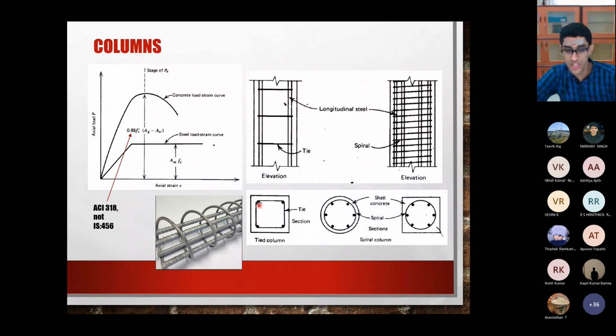We have a longitudinal vertical standing reinforcement bar at the corners, and at every certain height, you are giving some ties. What do you think is the reason for giving this tie? What purpose does it serve? Any answer is okay.